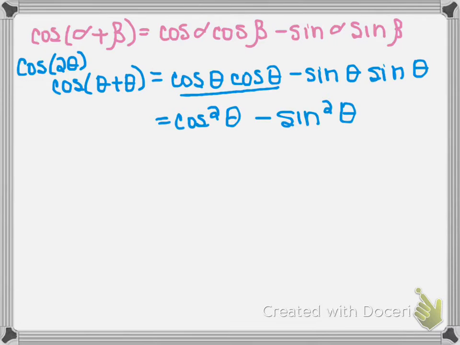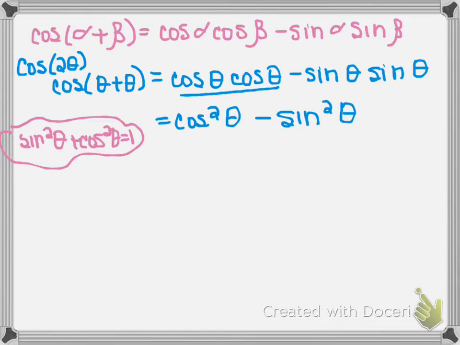Okay. Now, to get the others, what you can do is, again, I'm going to change colors. Do you remember we had good old sine squared theta plus cosine squared theta equals 1 as one of our Pythagorean identities?